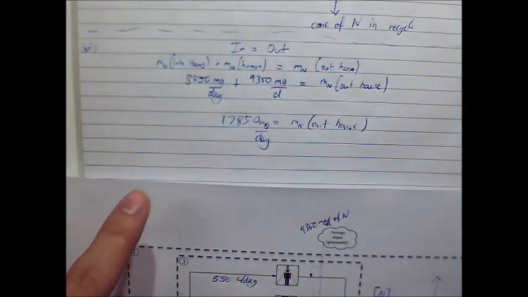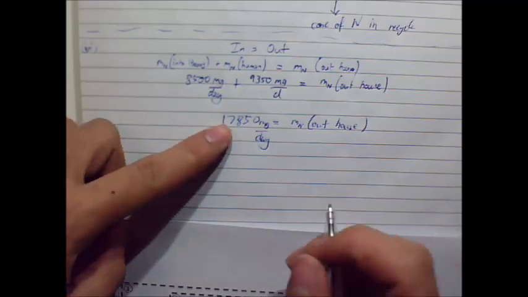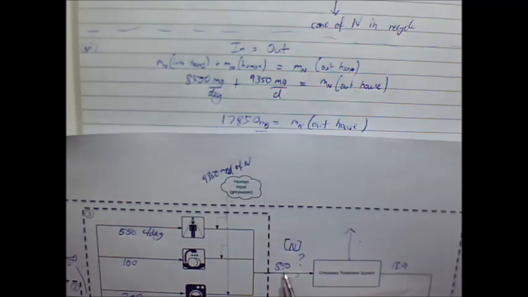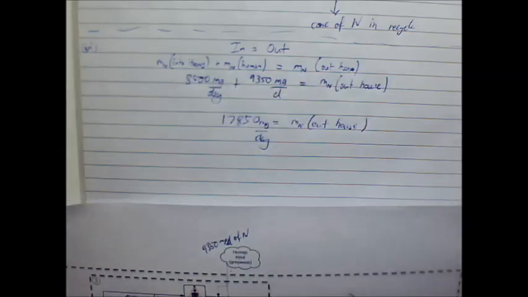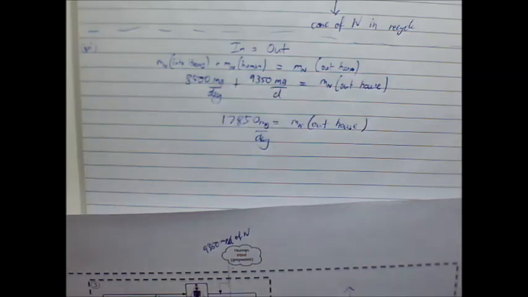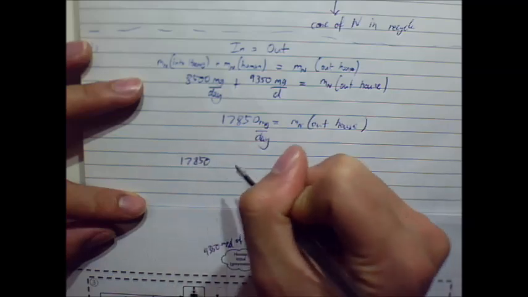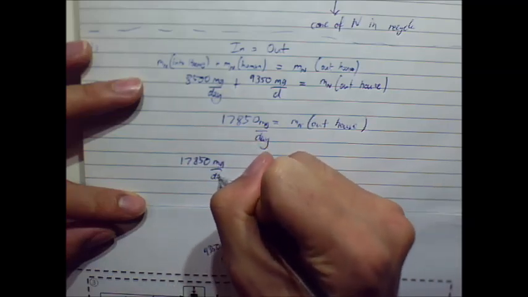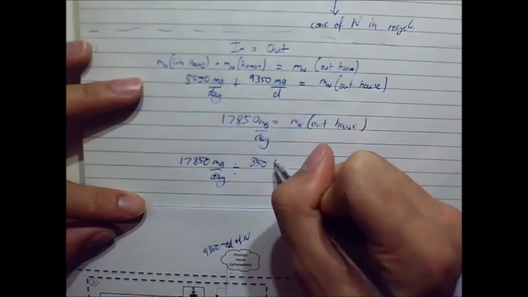So again, we don't want milligrams per day because we're interested in the concentration. So we'll do once more. We'll divide this by this number here, which is the 850, because that's our flow rate. So we take the 17,850 milligrams per day, and we'll divide it by 850. That's liters per day.